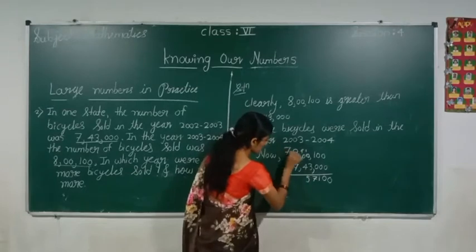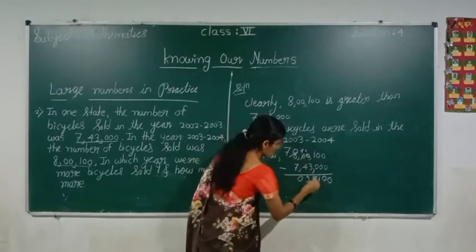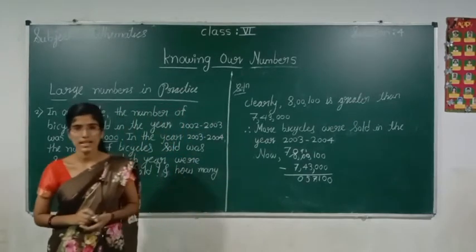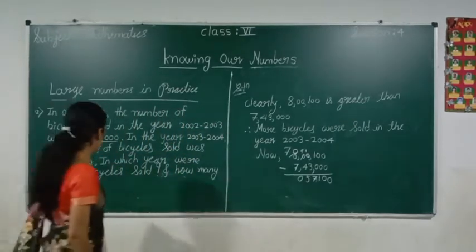Here 7 minus 7 is 0. How many more? 57,100.